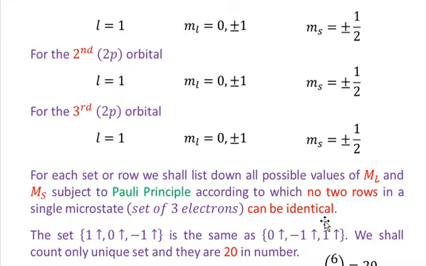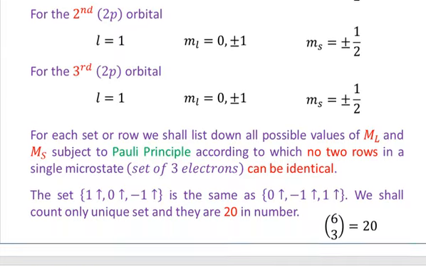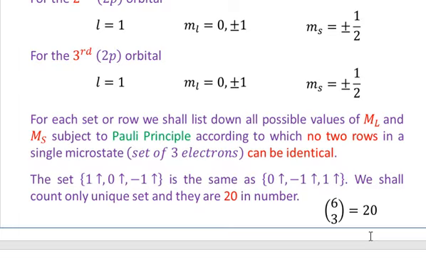That is, the quantum numbers of the states should be different. The quantum states of all these three electrons should not be identical. That is, no two electrons should have the same quantum numbers. This is not allowed by the Pauli principle.